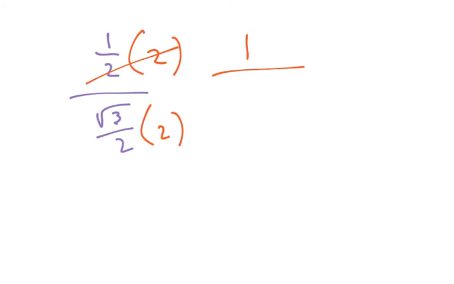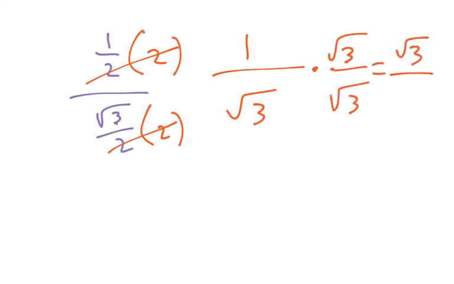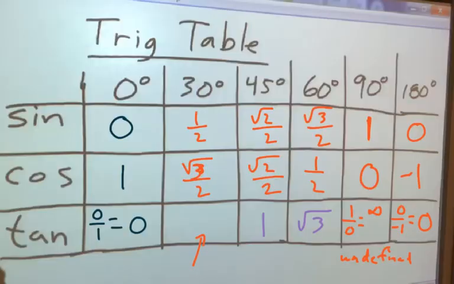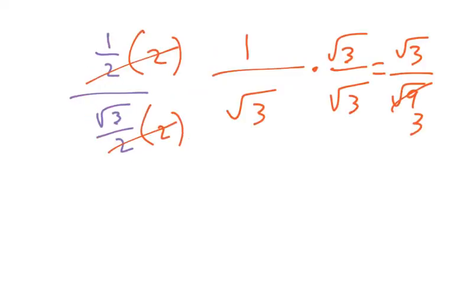That leaves me 1 over square root 3. But now we have to rationalize this. So let's times by square root 3 over square root 3. And we get square root 3 over square root 9, which of course is 3. So this is square root 3 over 3. Let me go back here in case I went too fast. Again, I have square root 3 over 3.